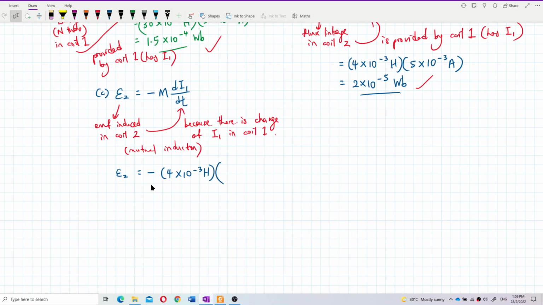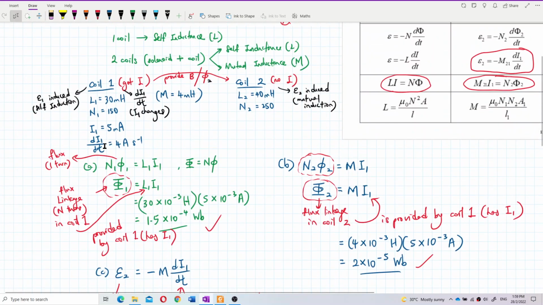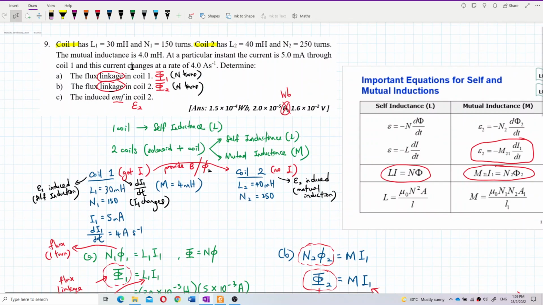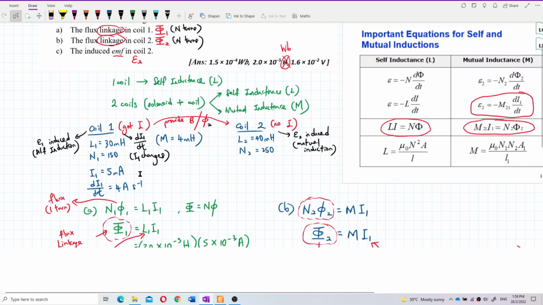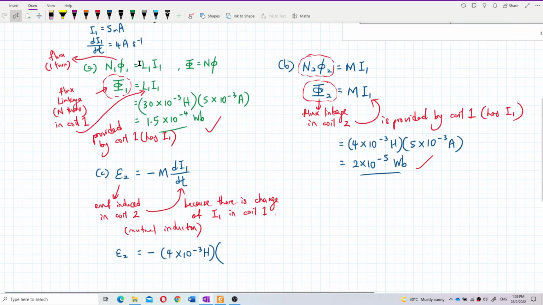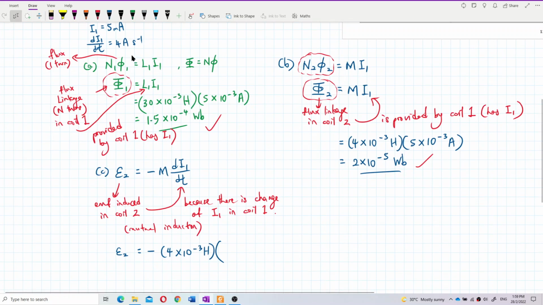And the change of current in coil 1, you say current changes at this rate, 4 ampere per second, right? So di1 over dt is 4 ampere per second. So what is E2?